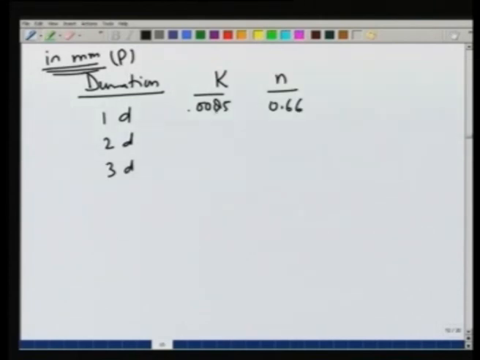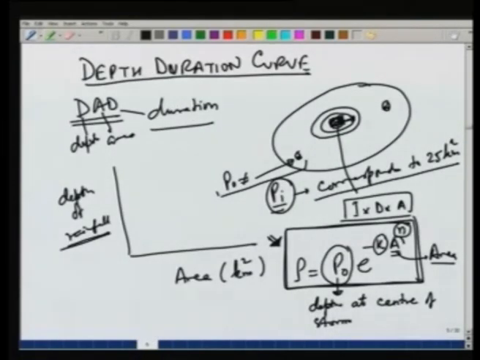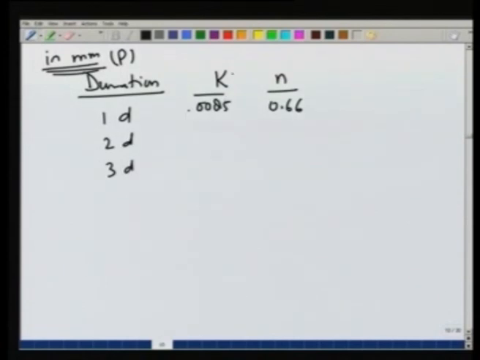0.66. Area is, as I said, generally in square kilometers and P in millimeter and P naught also would be in millimeter. Actually, P and P naught will have the same units. So, we can use both of them in centimeters or both of them in millimeters. The units of K will affect the constant K. So, here the constants which we are showing, 0.00085, they are based on area in square kilometers.